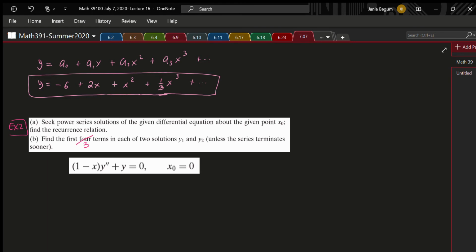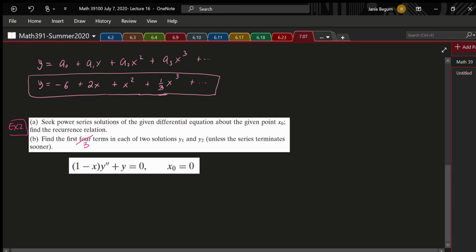So just cut it down to 3, so we save time, of the 2 solutions, y1 and y2. All right, so let's see. We are assuming that the solution is a series solution centered at x0 equals 0. So y is equal to the sum, again ignoring the indexing, of a_n times x to the n.